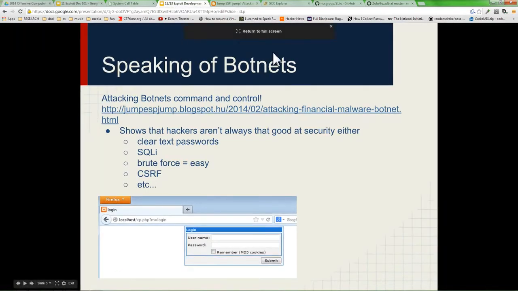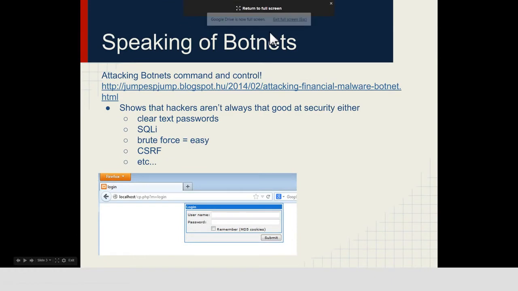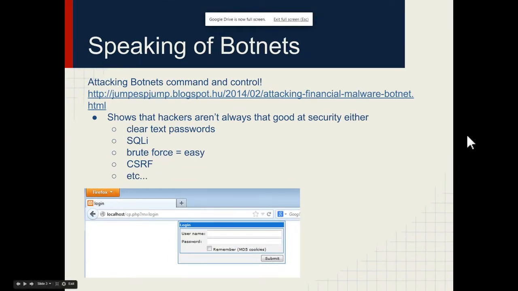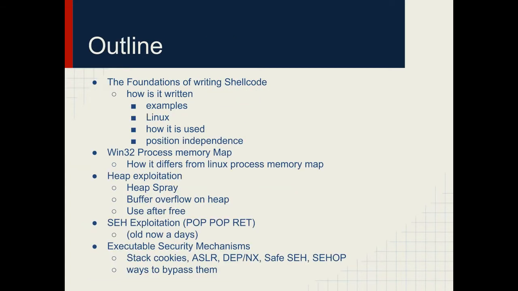And this exploit development lecture is teaching the basics of this stuff in C and x86. However, all the approaches definitely apply for higher order languages like Python, PHP, etc. So for the outline of the rest of today's lecture, we're going to cover the foundations of writing shellcode and really dive into it for Linux, and then end today's lecture on position-independent shellcode.